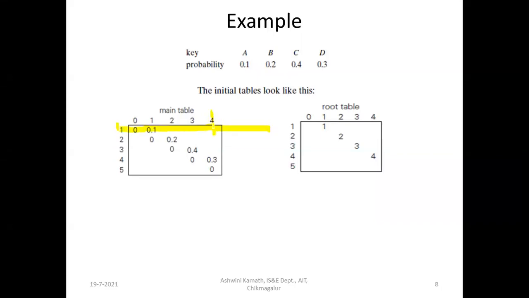You get the final, smallest average number of comparisons here, and in this place only, 1,4, we get the root of the tree.